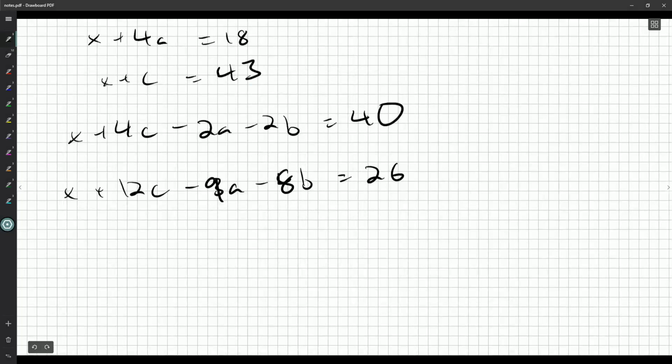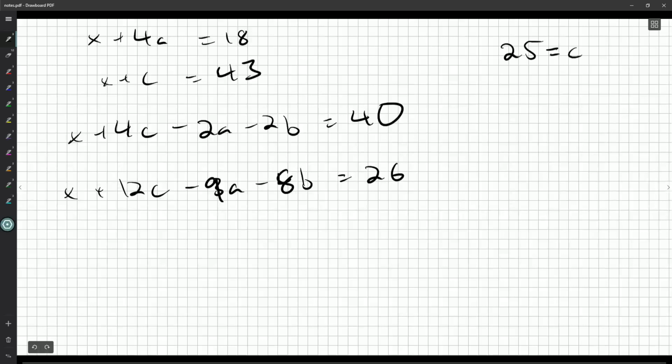So, 4 equations, 4 unknowns. I should be able to work this out. What I want to do is get rid of the x's first. I need to know x, I need to know b. Definitely want to get rid of the x's. So I'm going to subtract x plus c, so 43. I'm going to take everything and subtract it from 43. So 43 minus 18 is 33 minus 8, which should be 25.